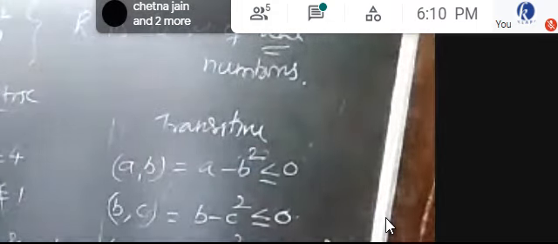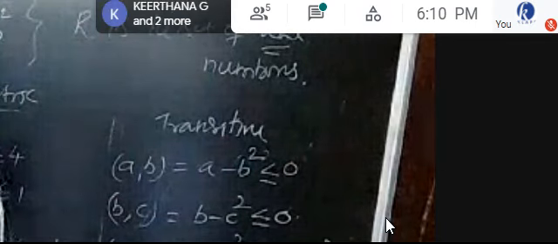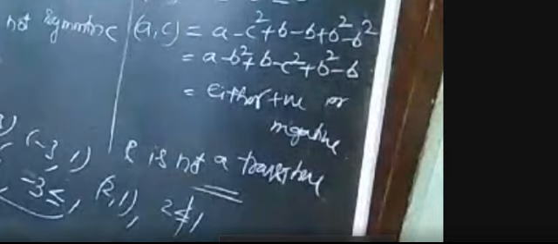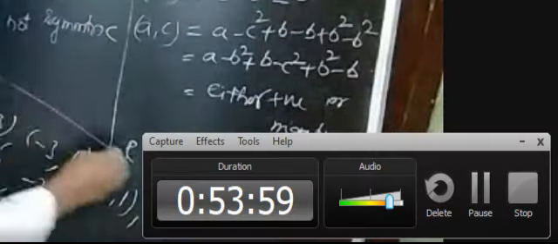By adding B and subtracting B and adding a subtraction of B square, it is not always negative. In some cases a positive is also possible. That means R is not transitive. This is an example.